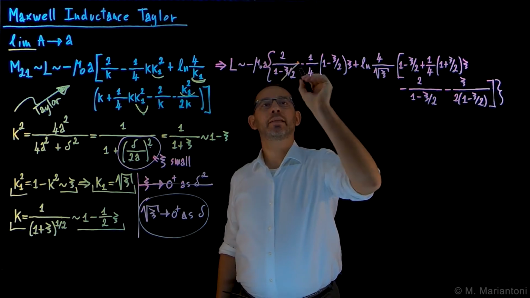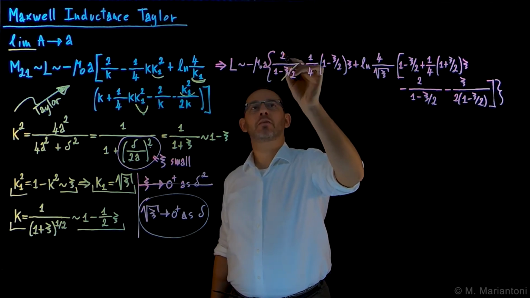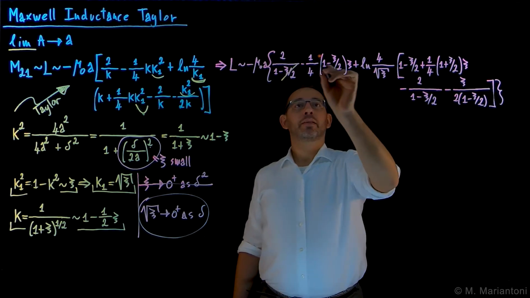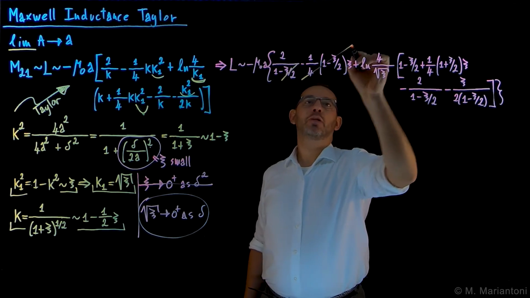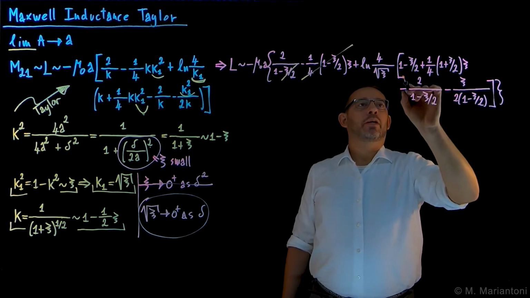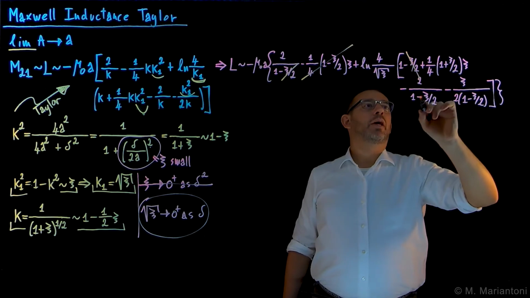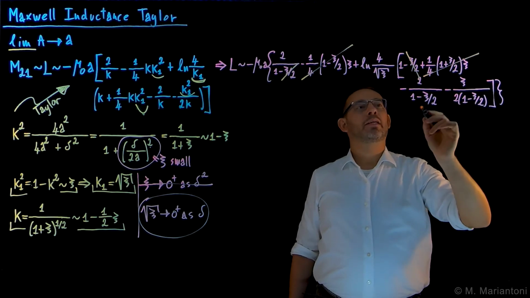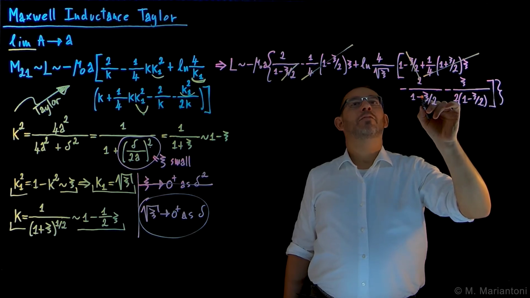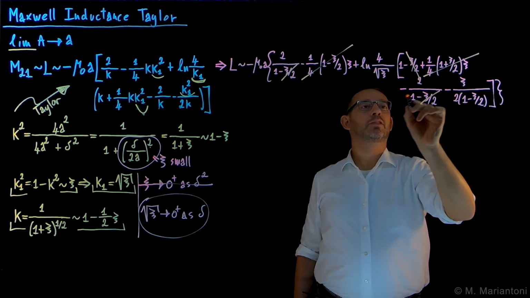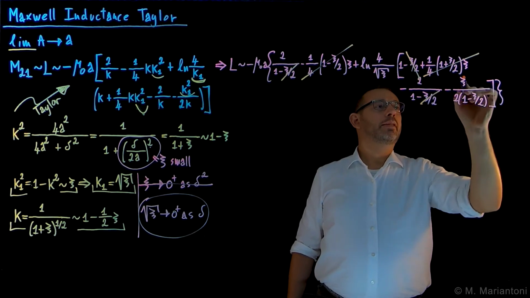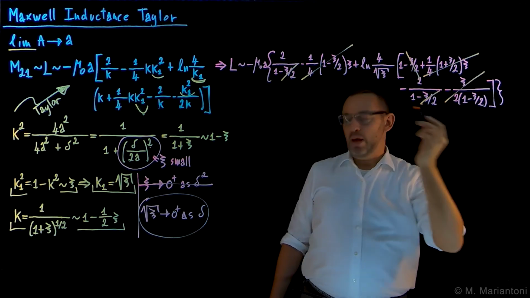So this one in the denominator doesn't matter, and the result of this ratio is just 2. This whole quantity is multiplied by psi, so it goes away. Here, 1 minus psi half, the psi half goes away. This whole quantity multiplied by psi goes away. So this is just minus 2, and the psi divided by whatever goes away.